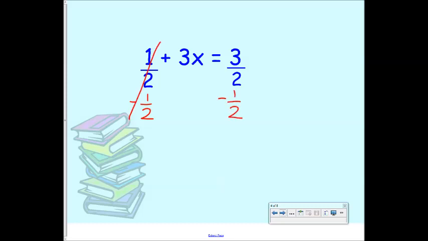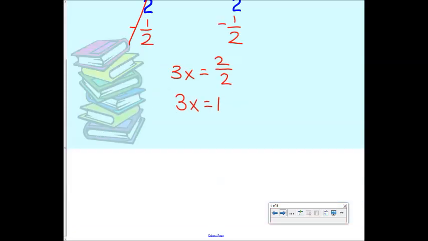And what do I have left? 3x equals, what's this? 3 minus 1 is 2, which gives me 2 over 2, which is the same as 1. I'm going to turn it into 1 because it's a whole lot easier. So I'm going to rewrite this as 3x equals 1.